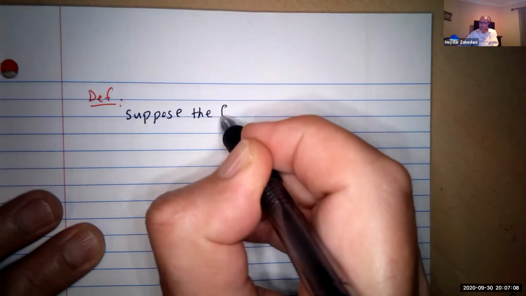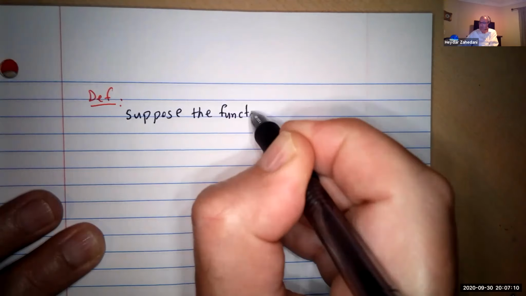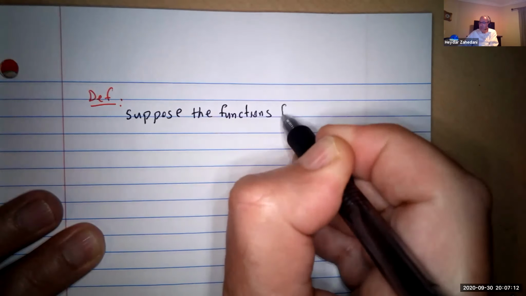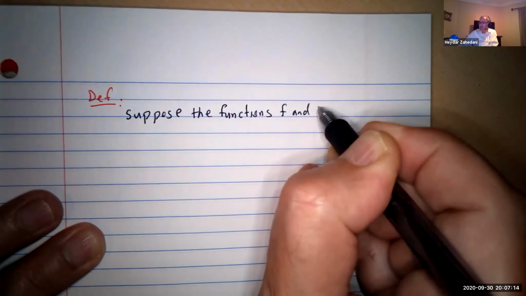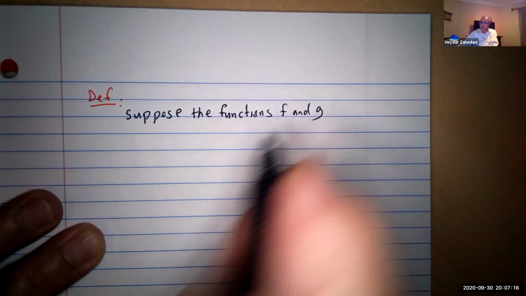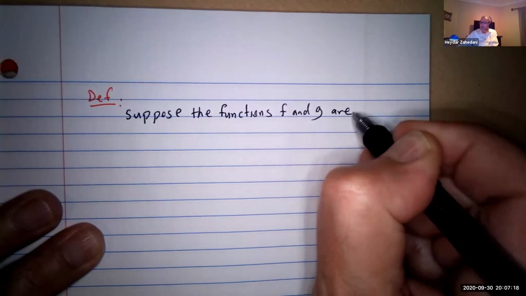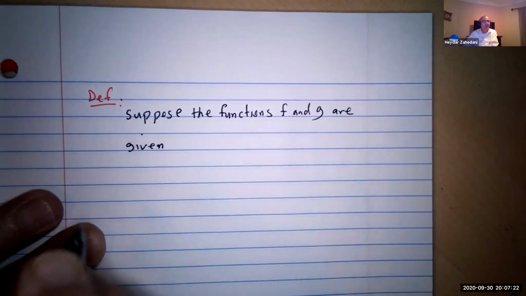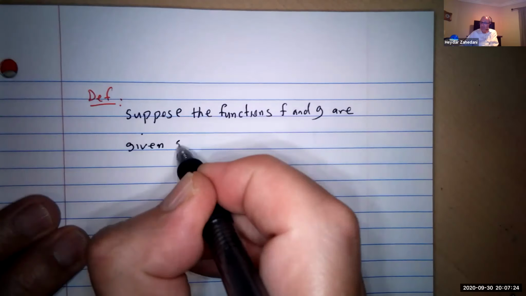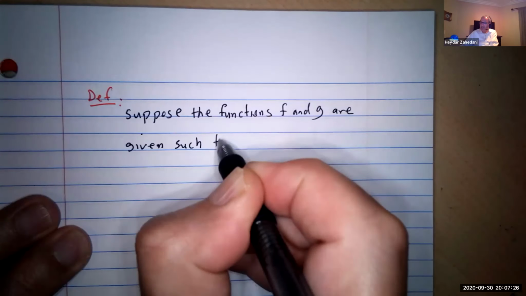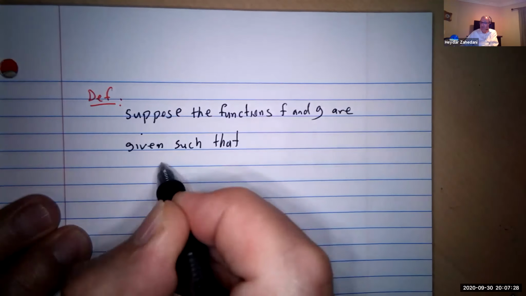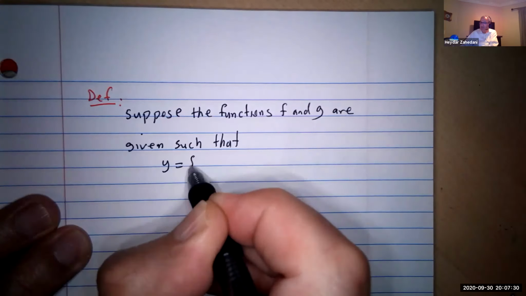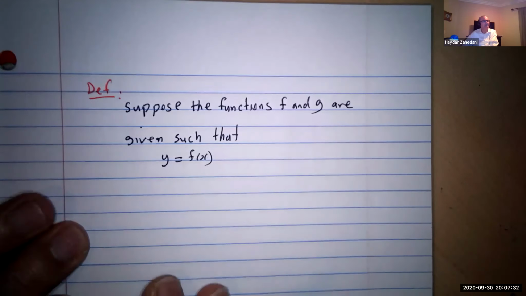Okay, suppose two functions f and g are given such that, you see, if you have y equal to the f of x, this is the given part.